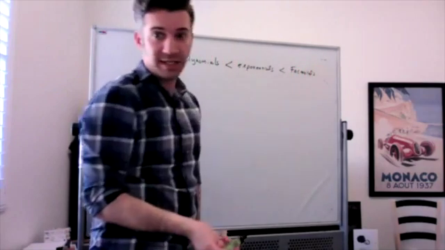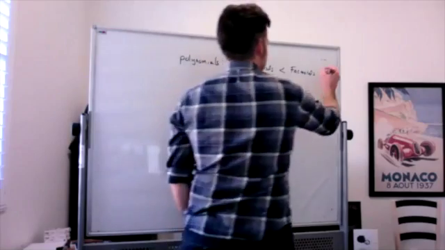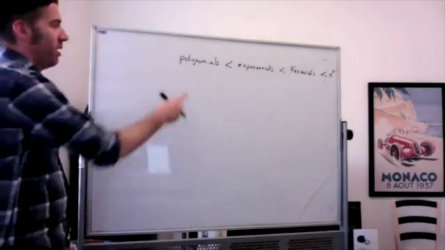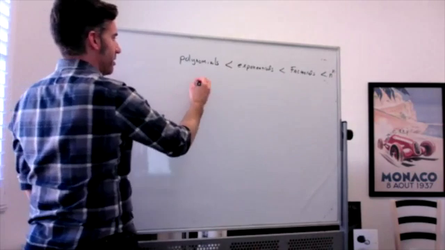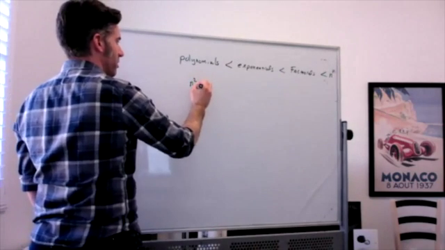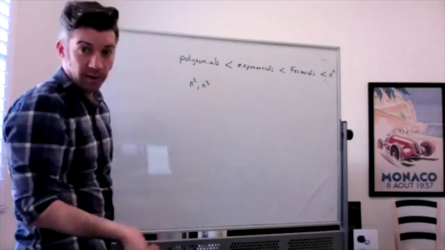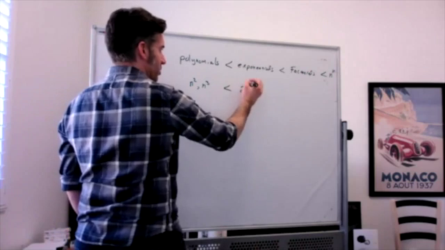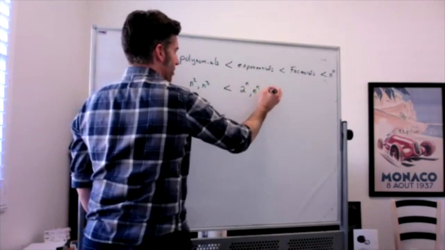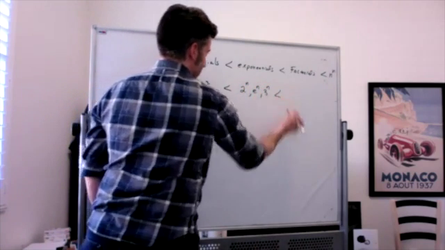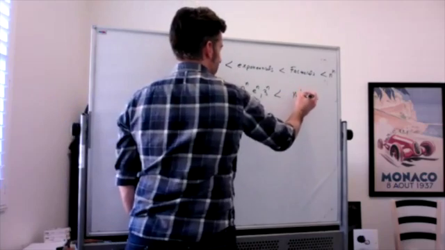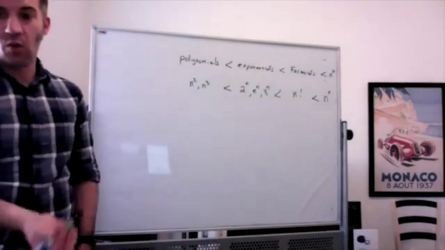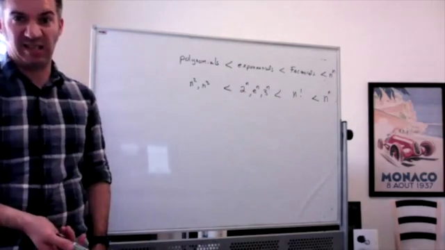And then the biggest thing which we usually encounter is n to the n. So polynomials, I'm thinking of something like n squared, n cubed, n to a power. That's always going to be less than an exponential, like 2 to the n, e to the n, 3 to the n. Those are going to be less than the factorial, which is n factorial. That's going to be less than n to the n. So this is the order of things that get biggest fastest.